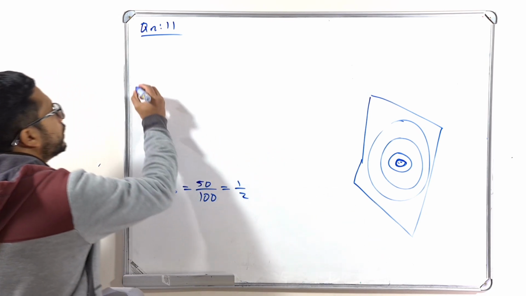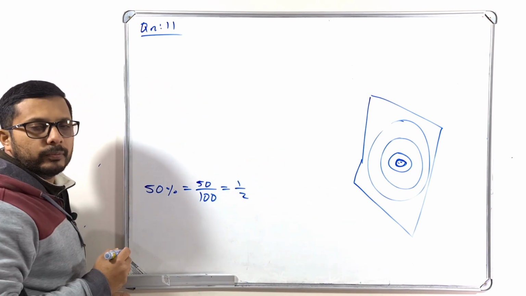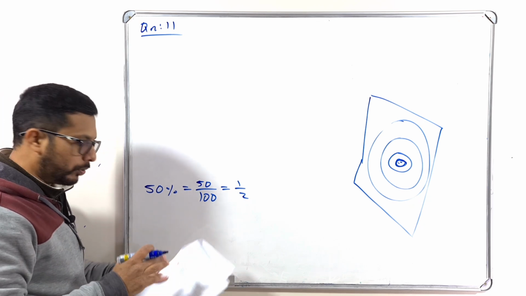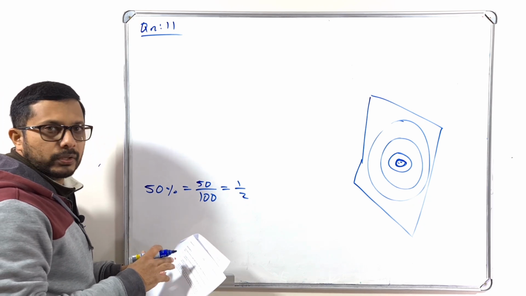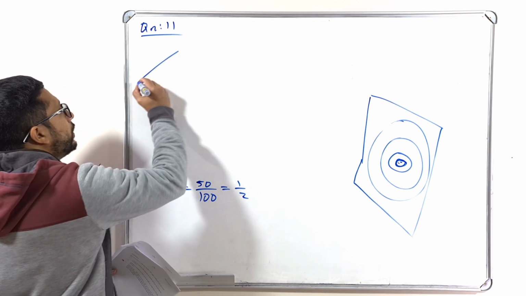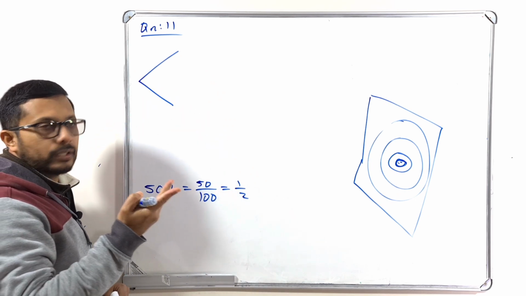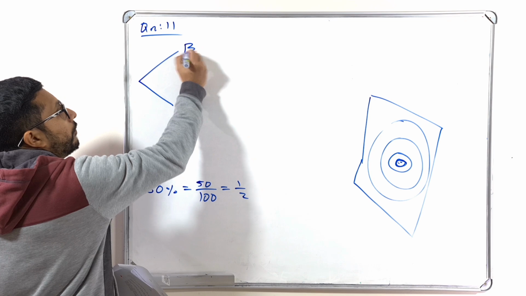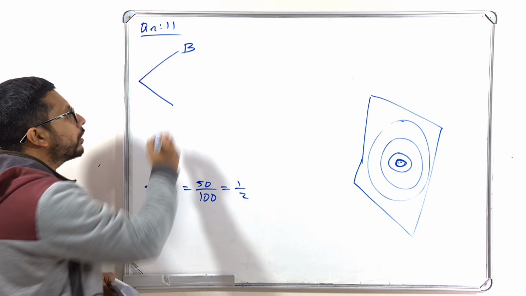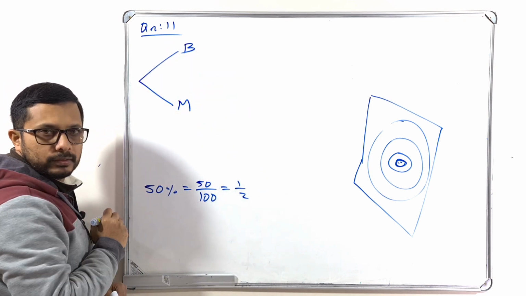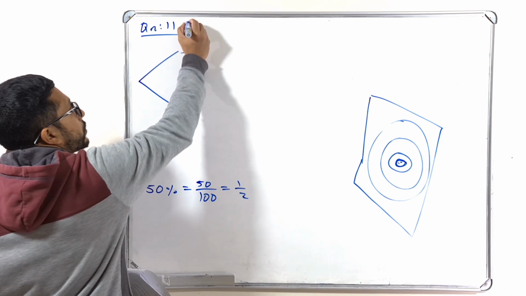I'm going to draw a tree diagram, so my work will be easy to answer the remaining questions. Harry has two options. Either he will hit the bullseye or he will miss. This is the first shot.